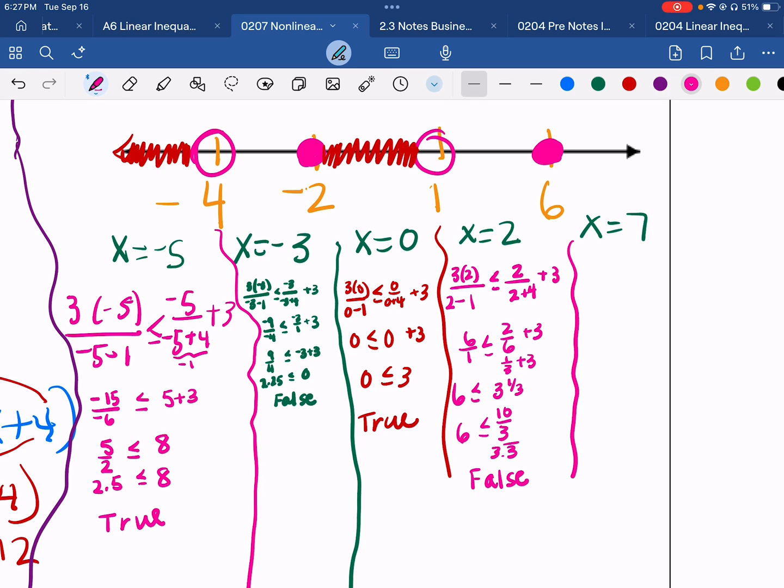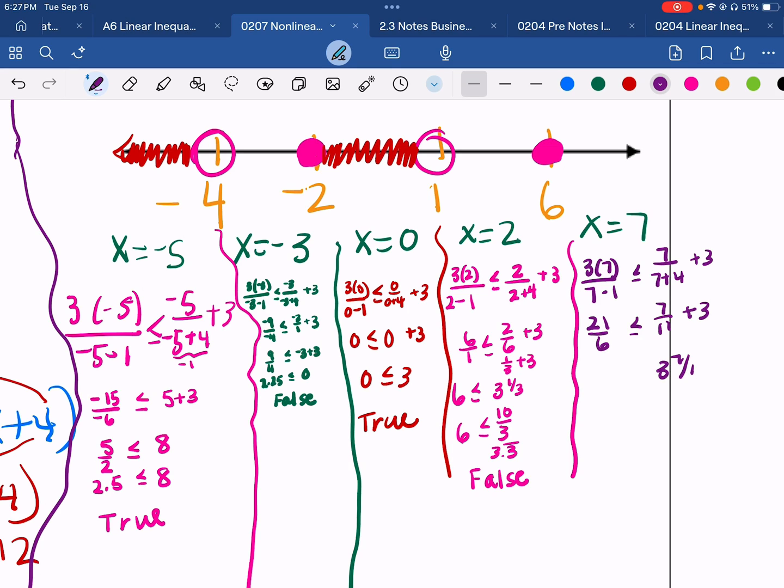So I'm thinking that the 7 is going to be true because there's kind of like a pattern on that one. Let's double check. I'm doing 3 times 7 over 7 minus 1. Is that less than or equal to 7 over 7 plus 4 plus 3? It's 21 over 6, less than or equal to 7 over 11 plus 3.